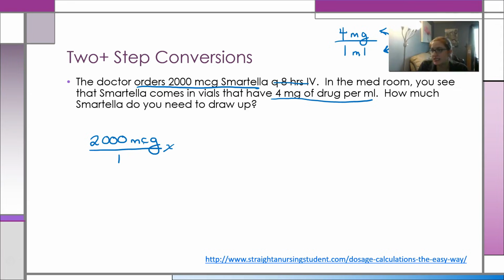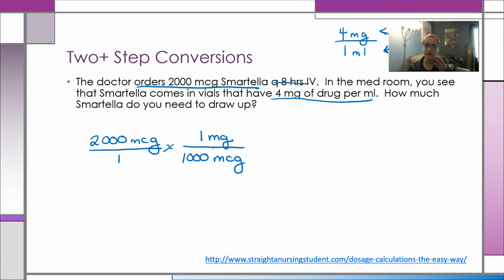Well, if we look at the units that are currently on the top, we see that it has micrograms. What's the problem? Micrograms does not match either one right now. So we can convert it, and in fact we can convert it to milligrams by using our handy dandy conversion unit of 1,000 micrograms equals 1 milligram.